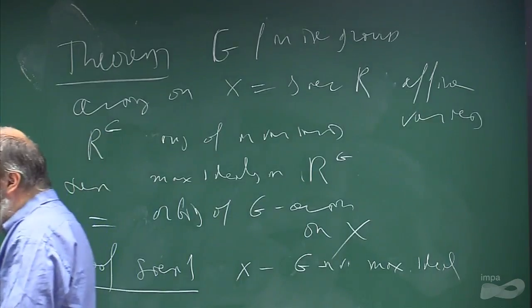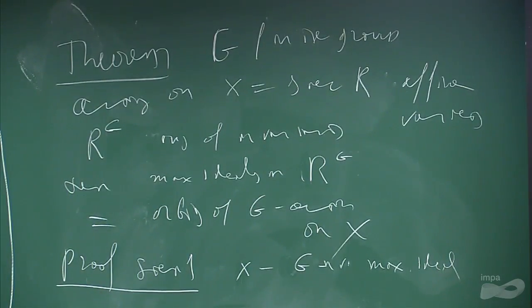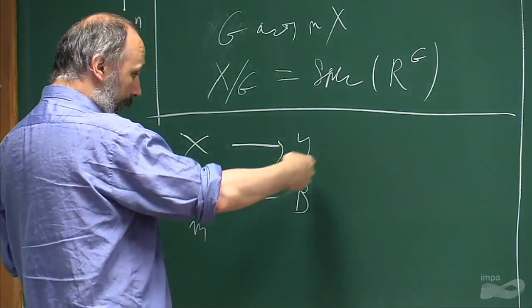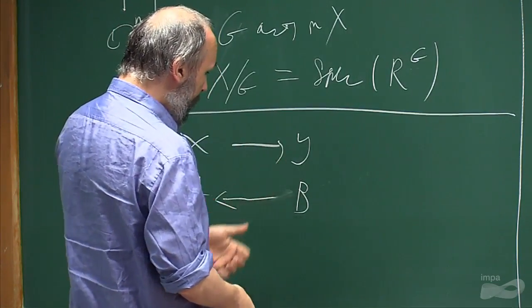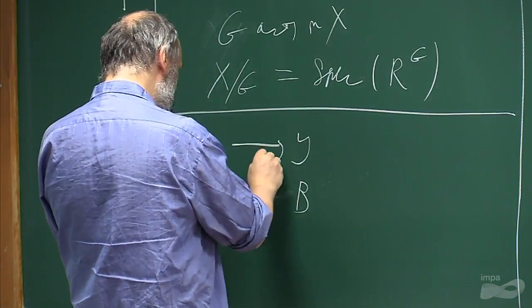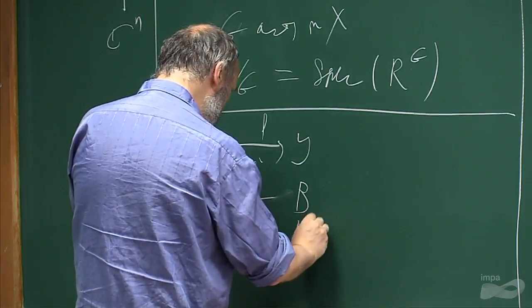Let's recall how you have a map from X to Y. You have the corresponding ring, say B, and this is, say, A, and it is mapped in the opposite direction. Then if you have a maximal ideal here, you take its preimage. If it was a dominant map, this would be just the intersection with B, otherwise it will be the preimage. So this is F star, this is F. You have here F star of M.